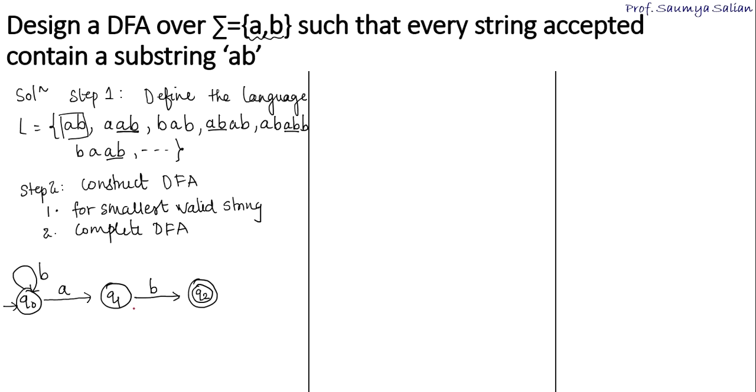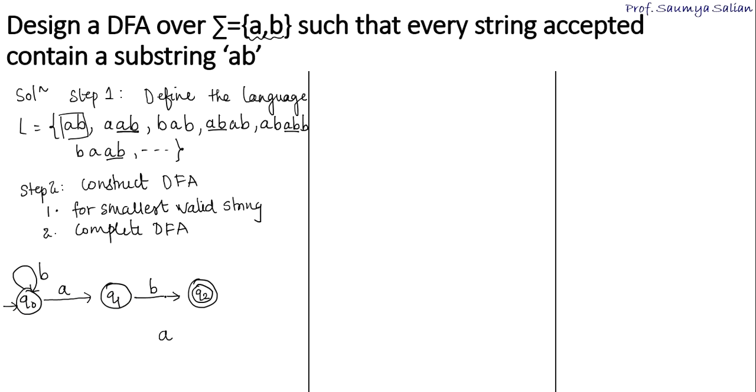Next state is Q1. To reach Q1 state from the initial state, I have this transition of input A. Right?